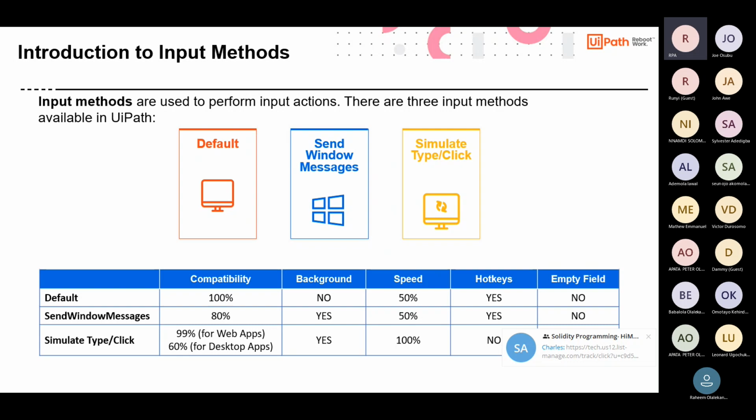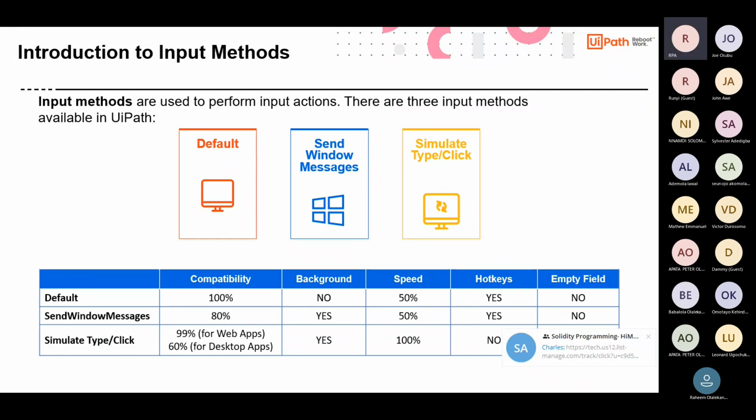That's why simulate type click is at 100%. Default is simply relating with buttons and the interface, not having direct access to the code.